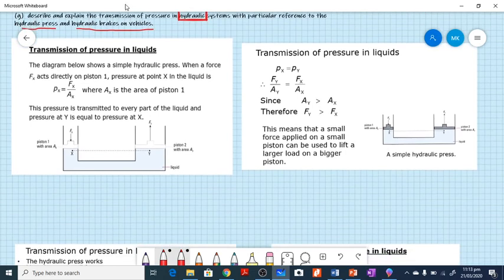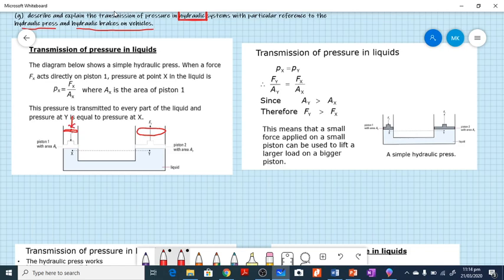So if we make two areas, one having the smaller cross sectional area, this one, and the other a larger cross sectional area, there are two pistons, one which will move in the downward direction, and on the other side it will move in the upward direction.